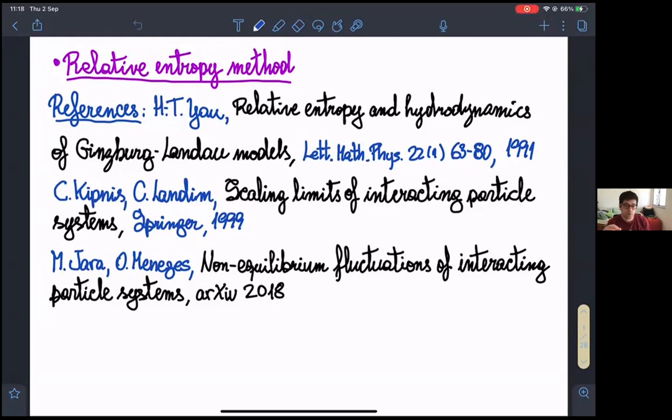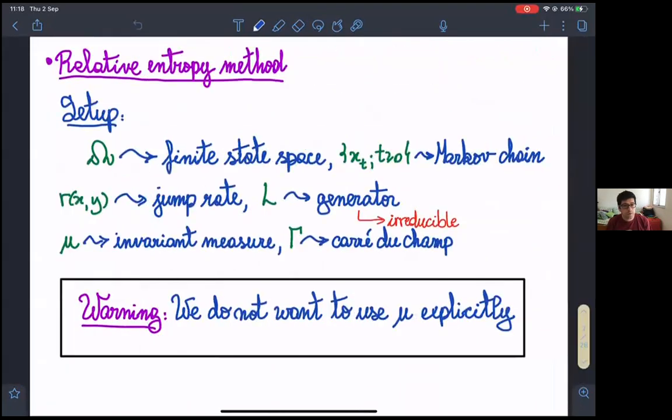So let me go to the general context and remind you about the setup. The setup is going to be completely general. I'm just taking any finite state Markov chain. Let me call omega the state space, X_t the Markov chain itself, r the jump rates, and L the generator that I defined yesterday. I'm not repeating the formula here.